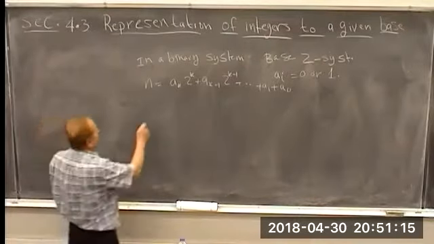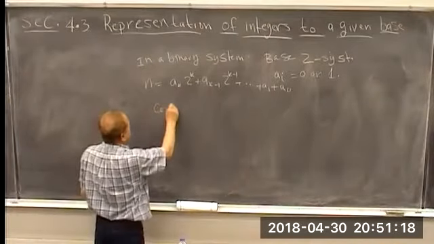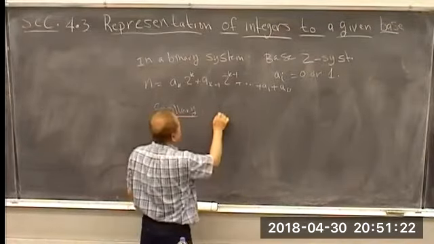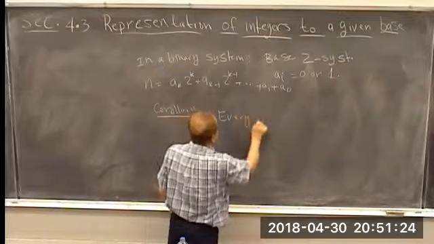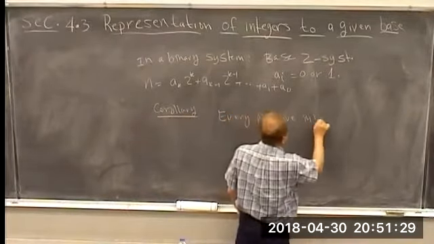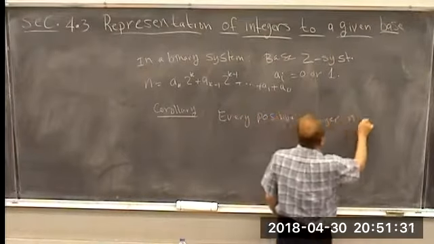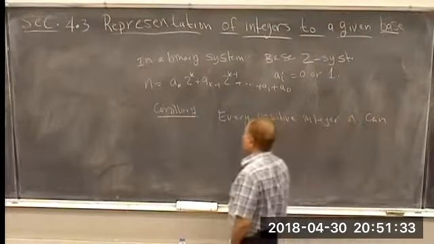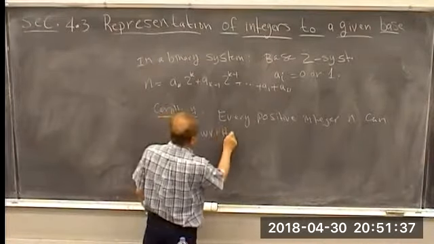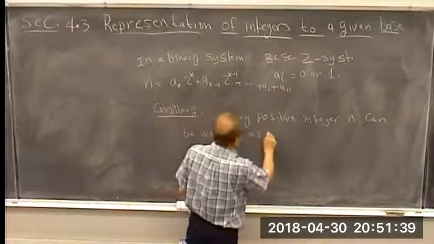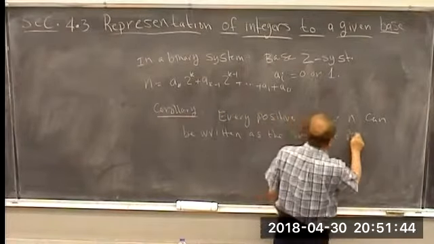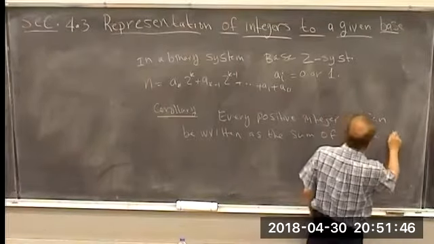So this implies that we have this corollary, which says that every positive integer n can be written as the sum of powers of 2.